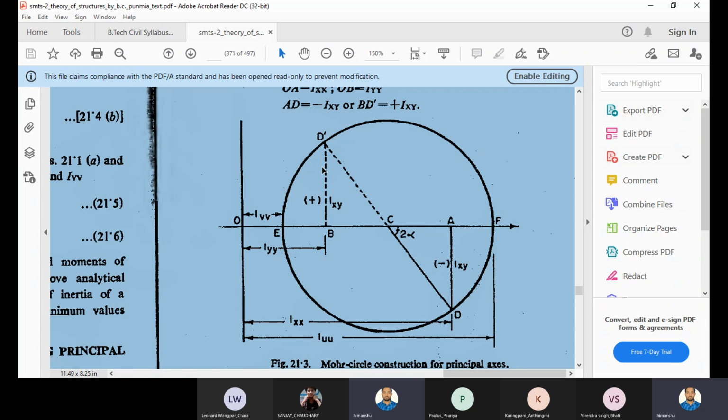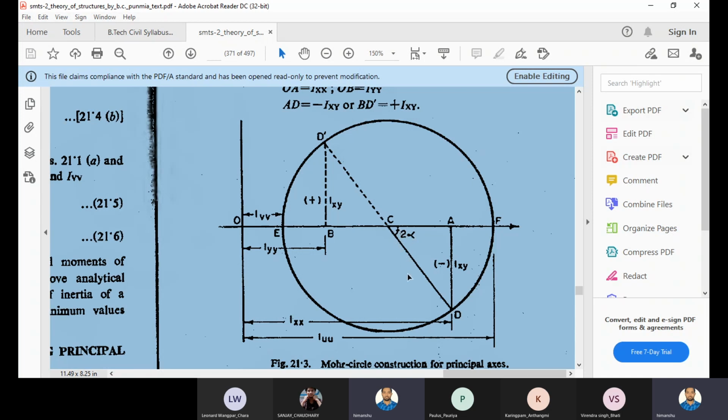Now, how did we get this perpendicular? Just rotate about the center of the circle and put an angle which we got, like 2 alpha.